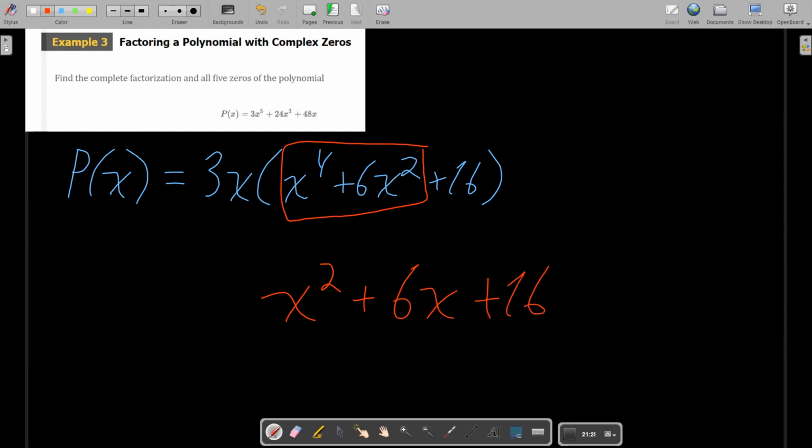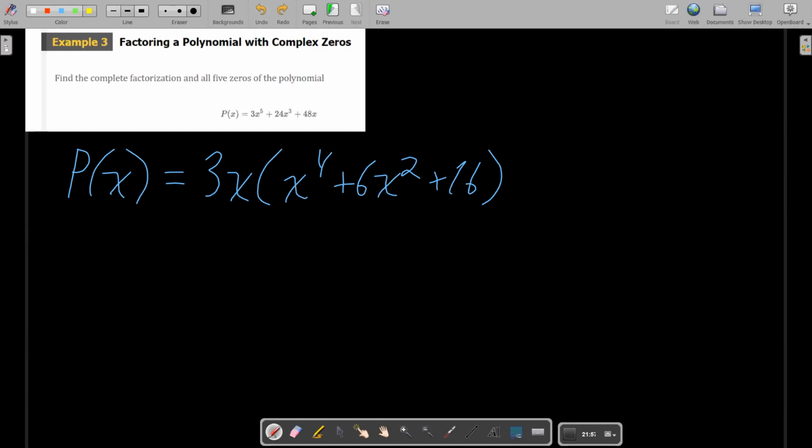Down here in red is a quadratic equation, and we can factor it and use the quadratic formula and all that good stuff. In a quadratic equation, the middle term is x to the first power and the leading term is x squared, exactly the square of the middle term. We see that here as well: x to the 4th is exactly the square of that middle term. So we can essentially treat this as a quadratic equation.